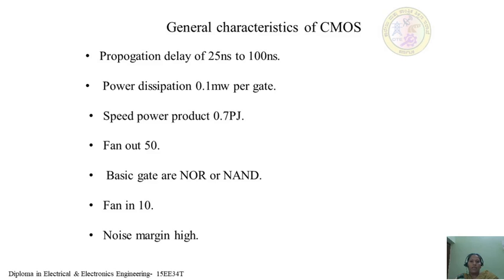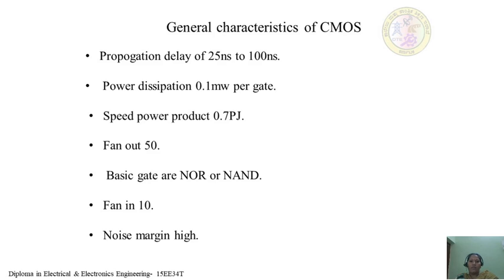Again, this power dissipation is nothing but the total power consumed by each and every gate in CMOS ICs. The speed power product of a CMOS is 0.7 picojoules. Pico refers to 10 to the power of minus 12.